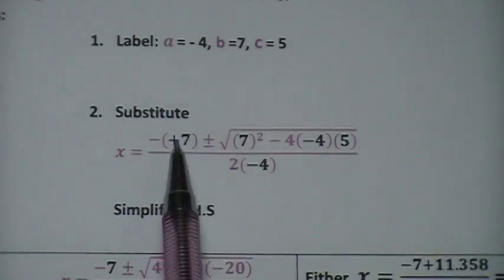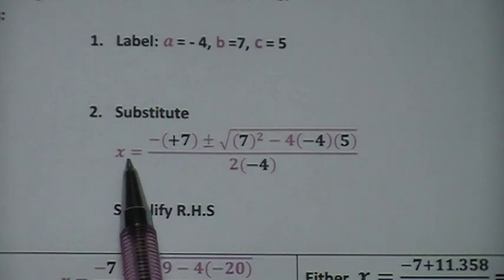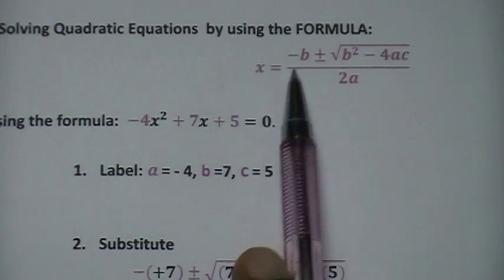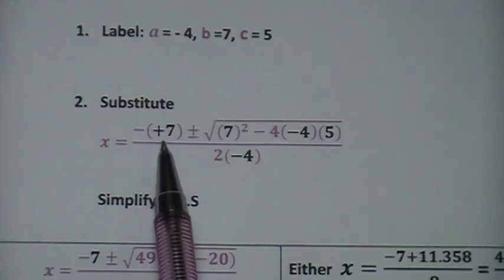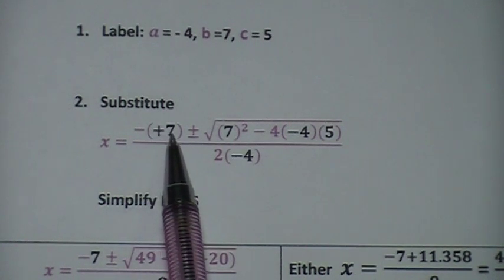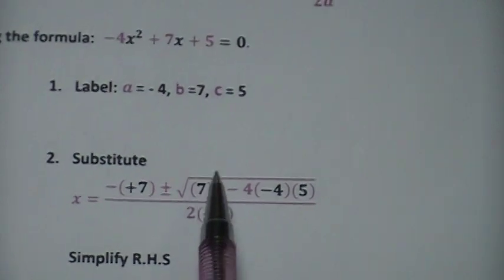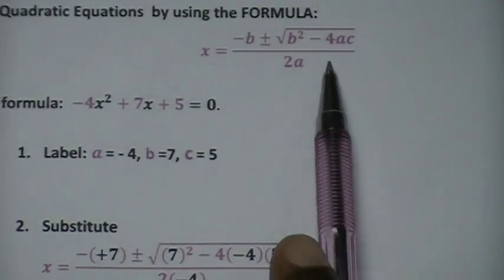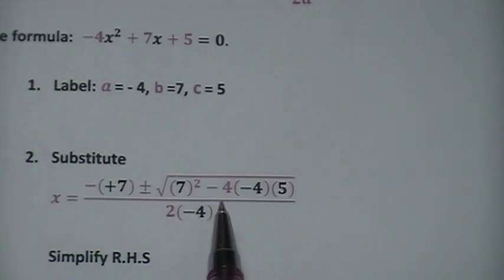And so that's what we have done. Look at it. x is equal to negative b. Replace b with its value, which is 7. So negative, open bracket, and put the value of b, which is positive 7. Plus or minus the square root of, in bracket, replacing b, we're going to have 7. Put back the negative 4.